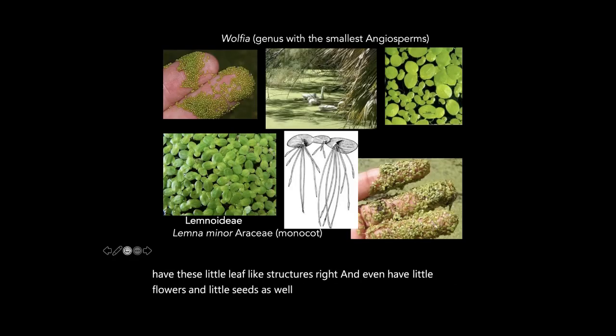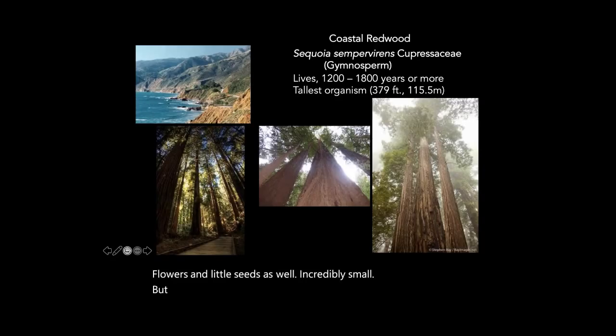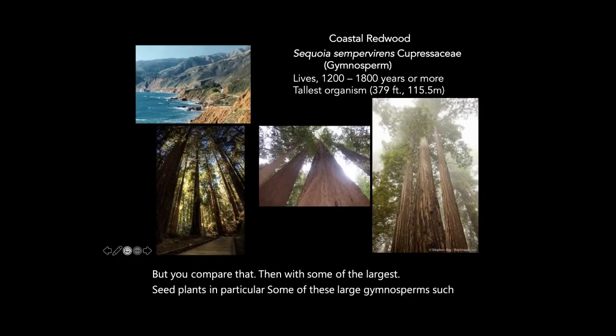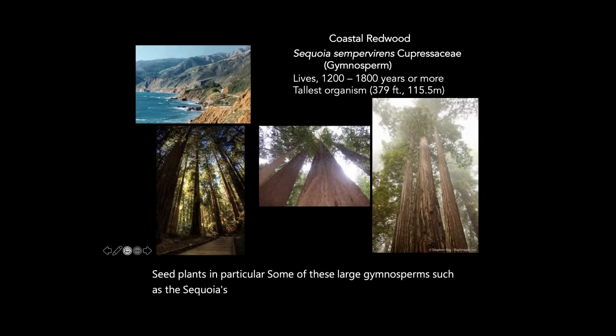Incredibly small. But you compare that with some of the largest seed plants, in particular some of these large gymnosperms, such as the sequoias. To this day, this is actually the biggest, most massive organism on the planet.